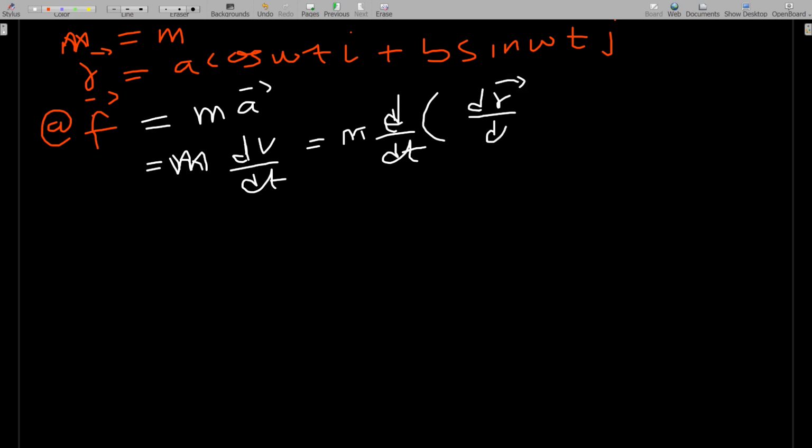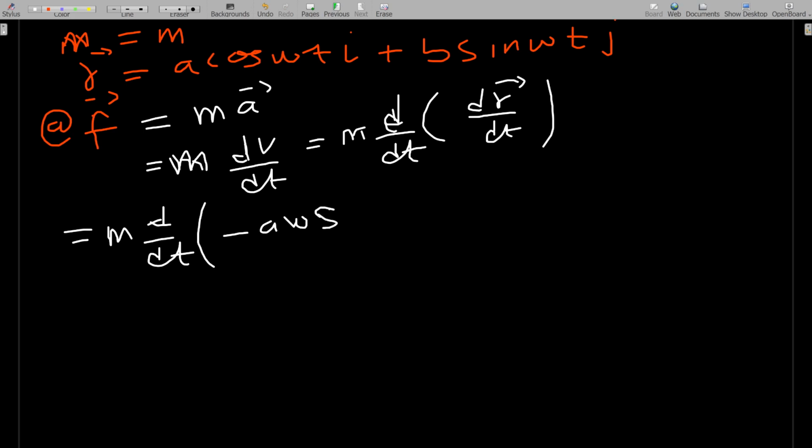Let me put it this way so that we go through it together. m into d dt of r, when I differentiate the whole of this with respect to t, I'll have minus a omega sine omega t.